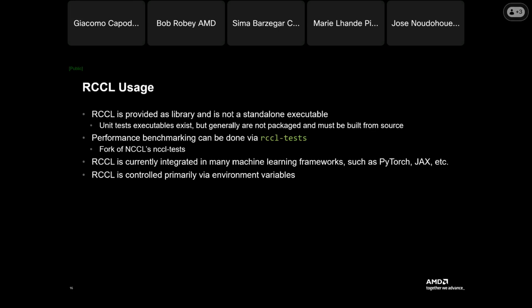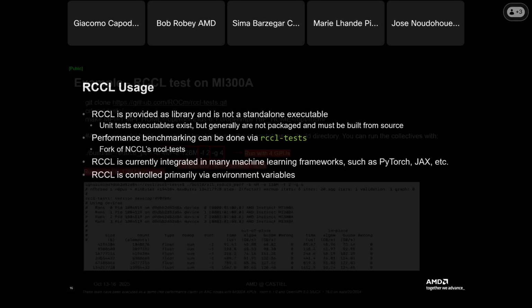Performance benchmarking can be done via RCCL-tests, which is a fork of NCCL tests. RCCL today is integrated in many machine learning frameworks, as we talked about, such as PyTorch and JAX, and you can control the behavior via environment variables. RCCL has different kinds of environment variables that you can access, and we can share that with you if you want more information on it.